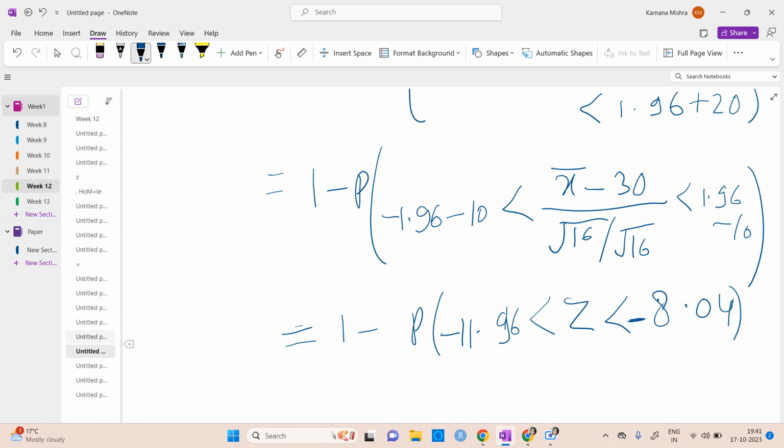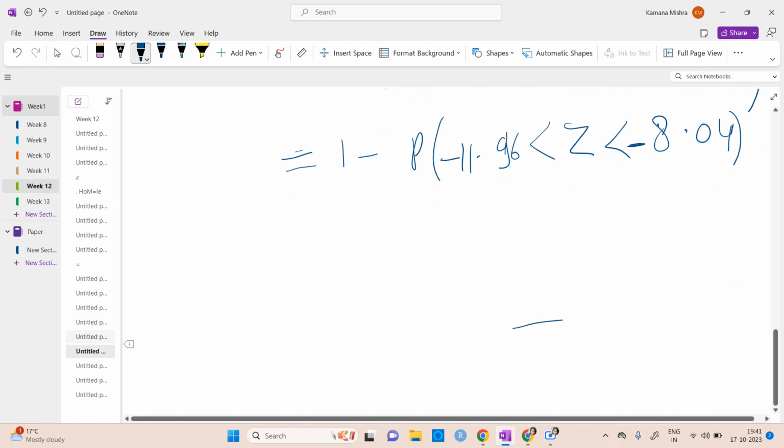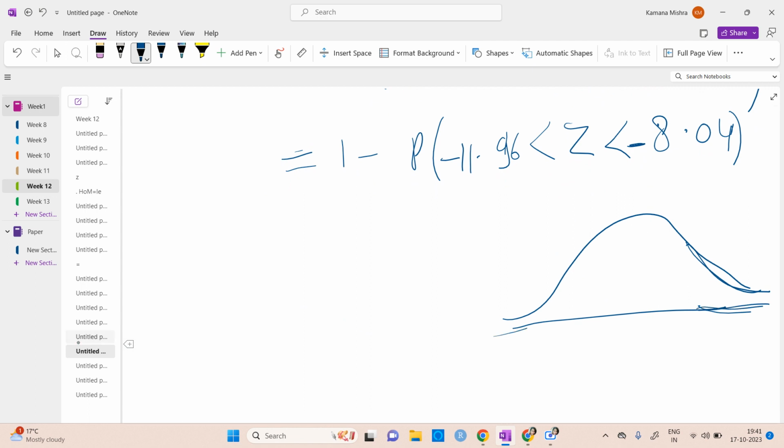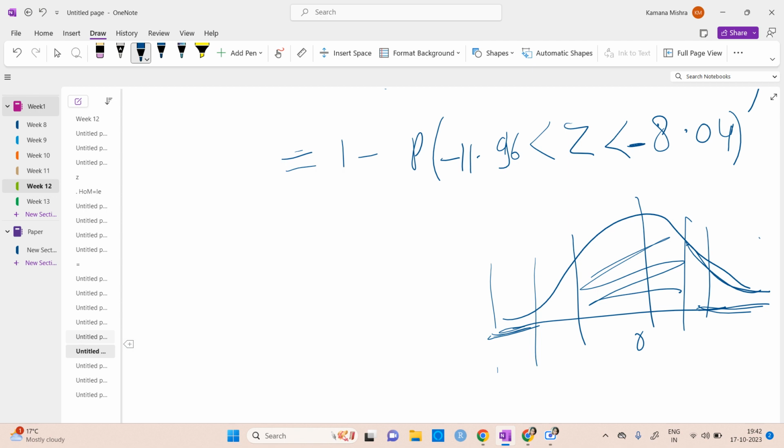Now you know the z table starts from minus 3.4 or something. Basically this is 0, and up to 1 it covers 66% of the region, and up to 2 it covers 95 most probably, and after that it covers 99.